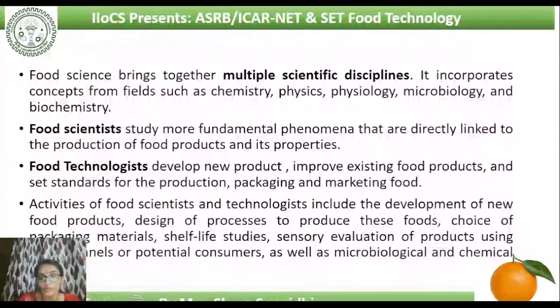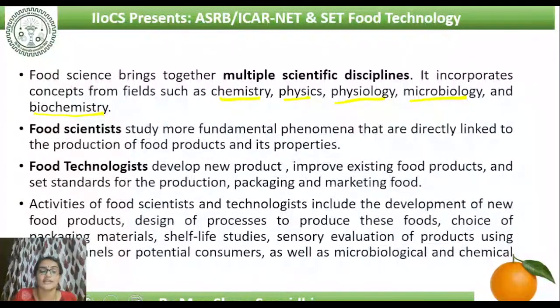Okay, so now we saw what all things we have to study in food science, right? So to study all those things, food science brings together multiple scientific disciplines. Okay, those disciplines are chemistry, all these things to understand the food science. Then what does a food scientist do?